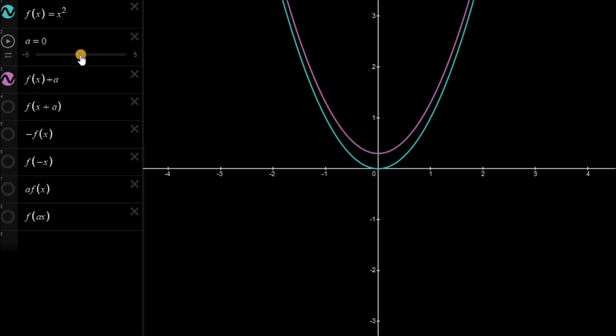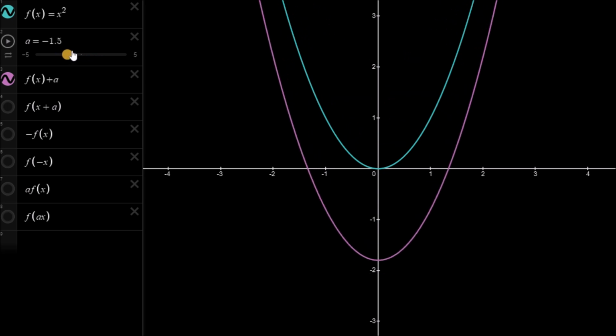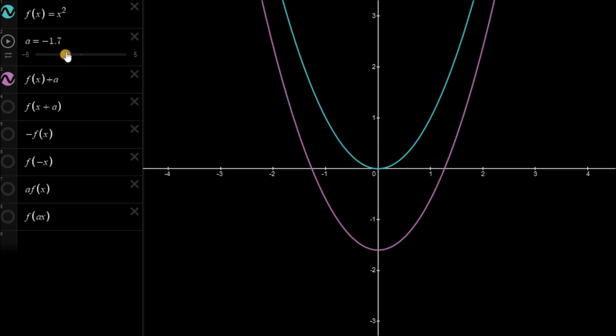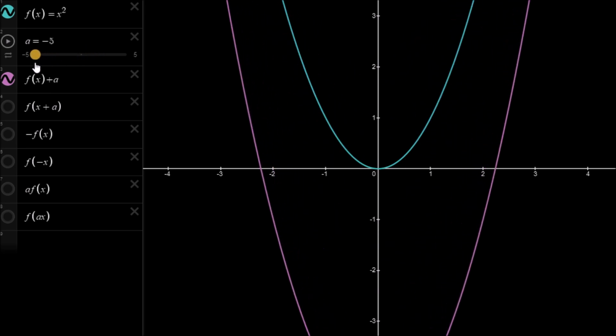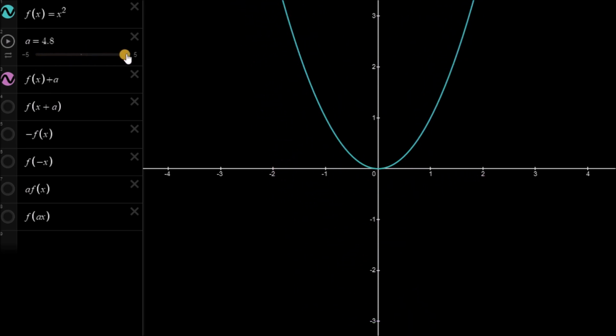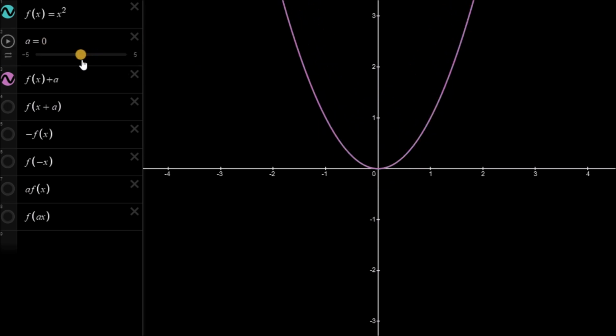So now we know how to shift the function up and down. We simply add a value to it. In this instance here, we're adding the value a, which in this instance ranges between -5 and +5. So that's quite straightforward.